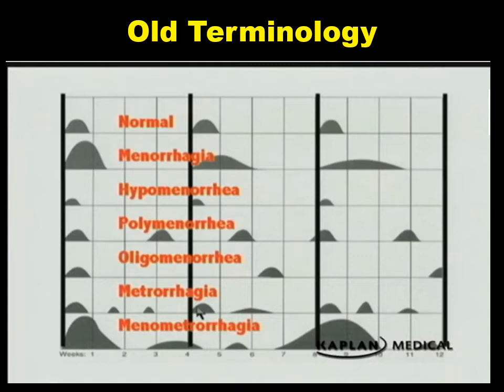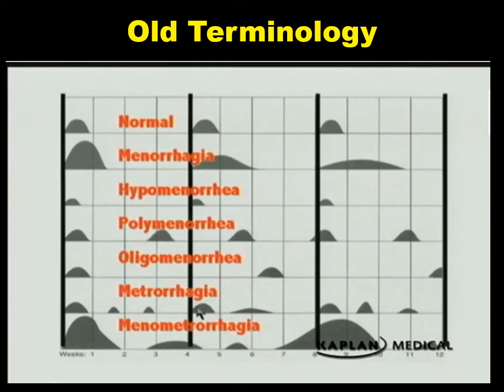And the amount of bleeding is between 5 to 50 mils, and the duration is 8 days or less. If the cycle is regular, but with increase in amount or duration, then we call it menorrhagia, the same as heavy menstrual bleeding.